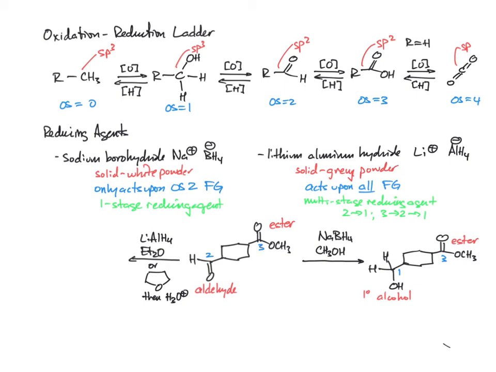So what you can do before I even draw the product here is predict what these functional groups are going to end up as. We already saw over here sodium borohydride, the aldehyde becomes a primary alcohol. So that's going to be the same thing that happens with lithium aluminum hydride. But maybe pause the video and predict what you think is going to happen when lithium aluminum hydride acts upon this. What functional group are you going to get?